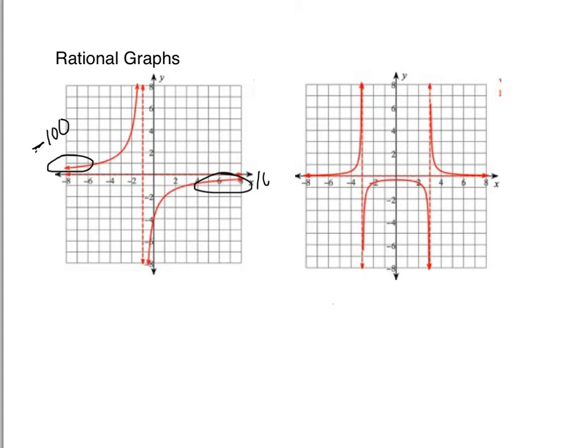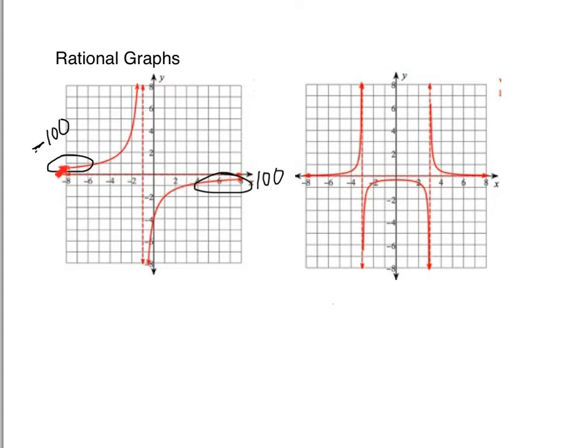Out here in the big positive x values, the graph is going to approach the same value as this side, but from the other direction. So from underneath, it's approaching the same y value. This happens as big x values are put into the function.